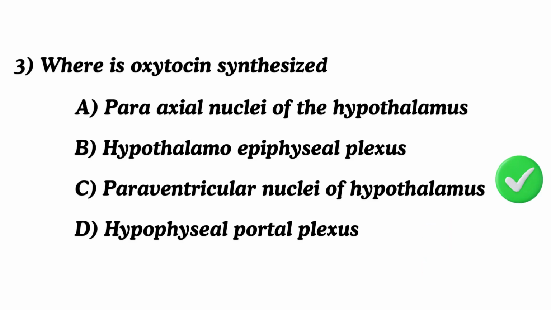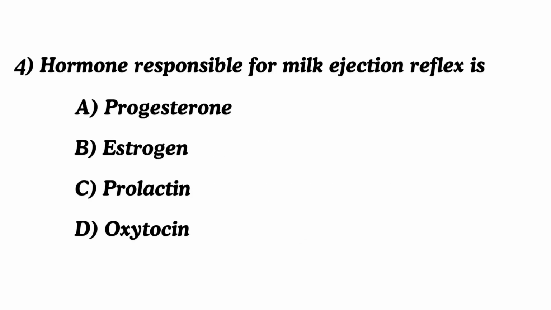In this question, the correct answer is option C, paraventricular nuclei of hypothalamus. Oxytocin is secreted by the posterior pituitary and synthesized in the paraventricular nuclei of the hypothalamus. Major function of oxytocin is to help expel the fetus by myometrial muscle contraction.